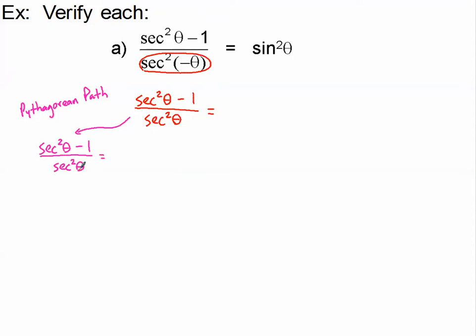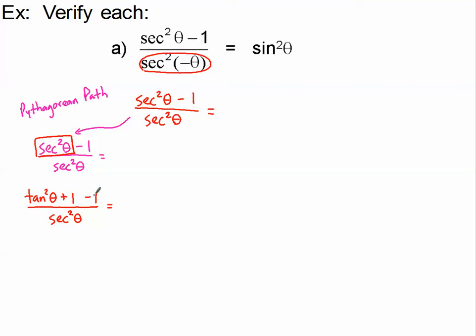Okay, I'm saying a Pythagorean path because I know that secant squared has a new name. Secant squared is equal to tangent squared plus 1. And I'm going to replace secant squared with tangent squared plus 1. And then I have that minus 1 over secant squared. This is my Pythagorean path. I replaced secant squared with tangent squared plus 1.